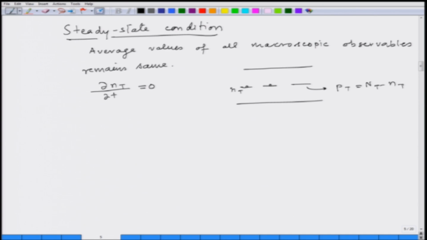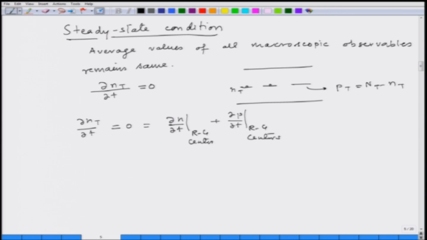What does that mean? In a steady state, it means that the overall processes balance each other. Basically, in order to have this condition that there is no change in del n t, overall this is equal to 0, which means that any change in the carrier concentration of electrons due to R-G centers plus any change in the carrier concentration of holes, if I add both processes together, there should be no change, which means n of t remains constant.